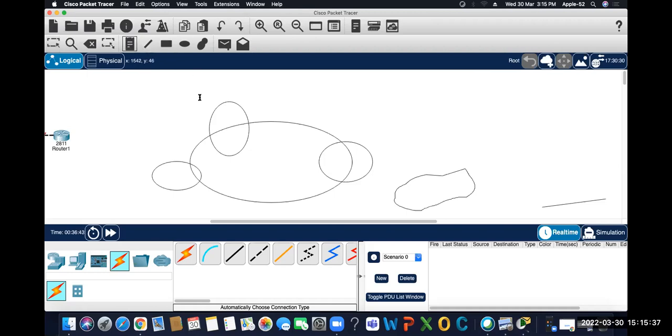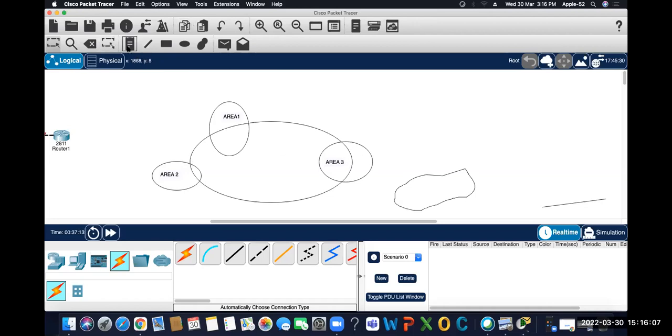Let's say this is area 1, and this is area 2, and this is area 3. Fine. So let's say this is Kashmir's area and this is Punjab's area, or this is the Northeast area. There are different areas.